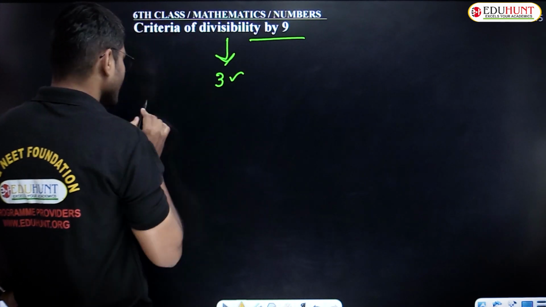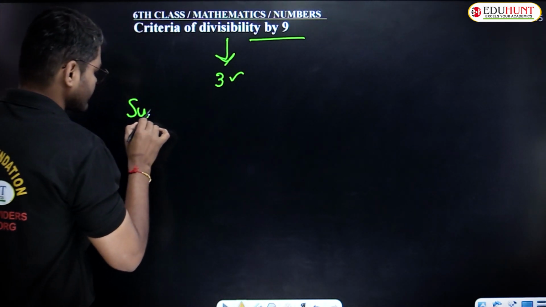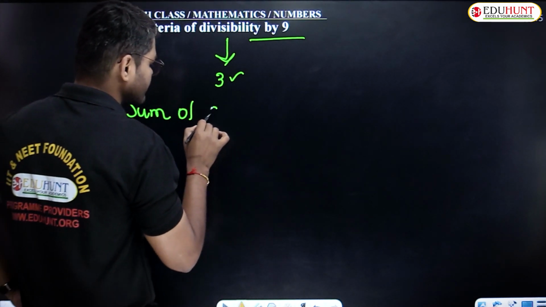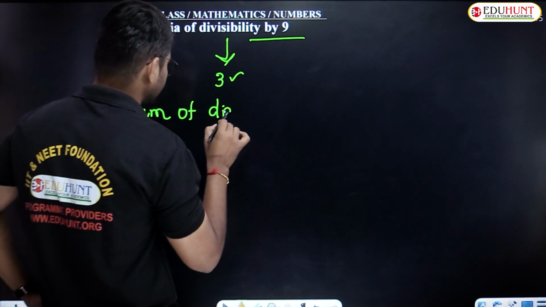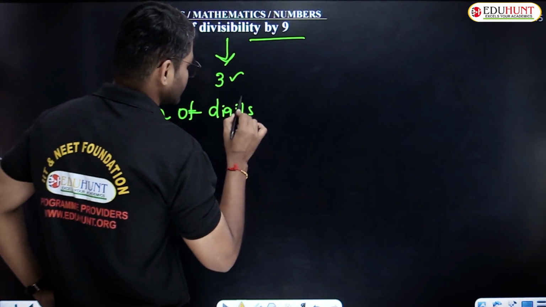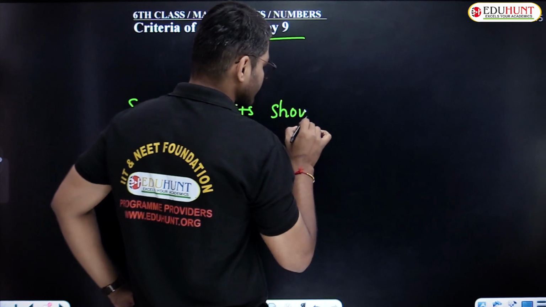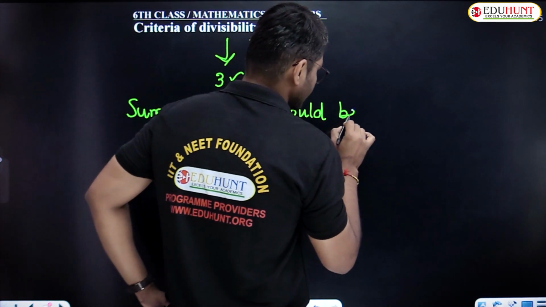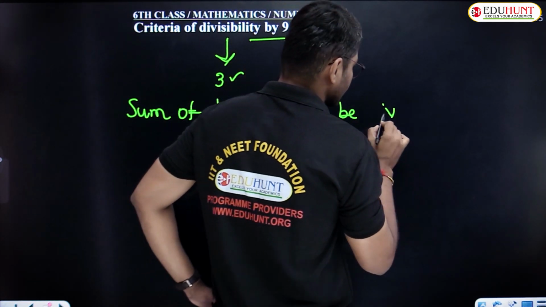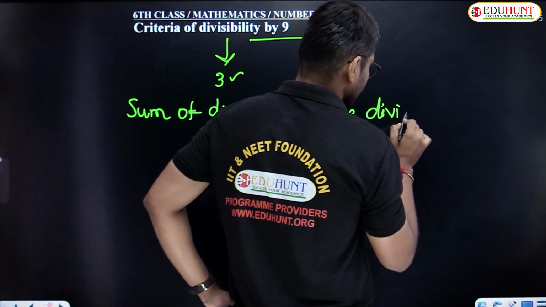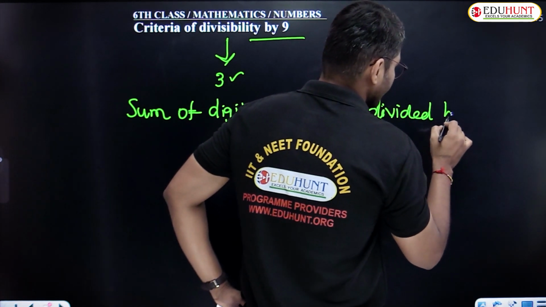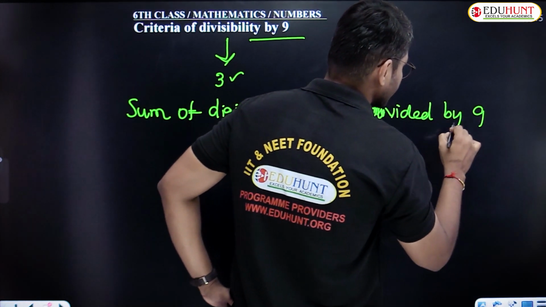So the sum of digits should be divisible by 9.